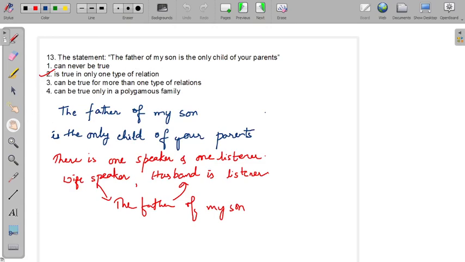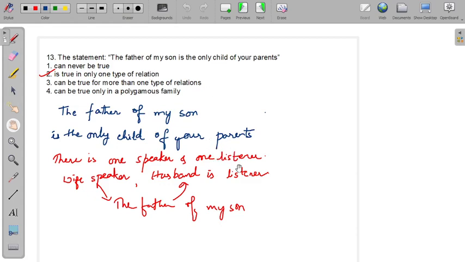The statement: the father of my son is the only child of your parents. You have 4 options to check. In this statement there is one speaker and one listener. The speaker is saying the father of my son, so the father must be a male.